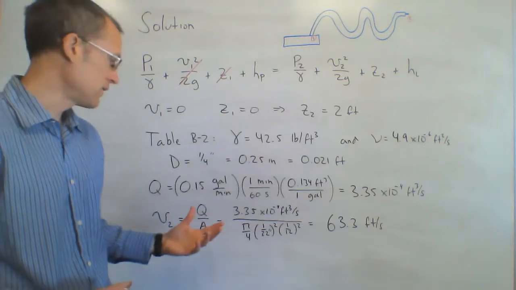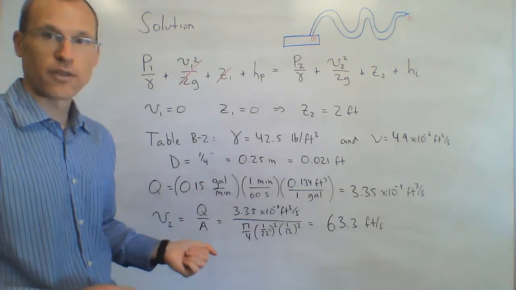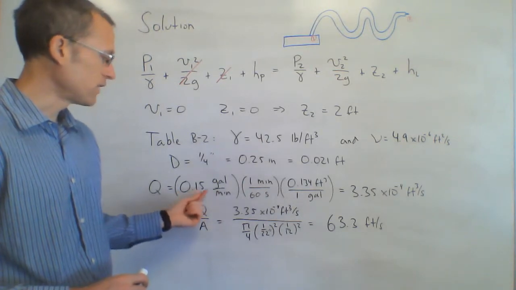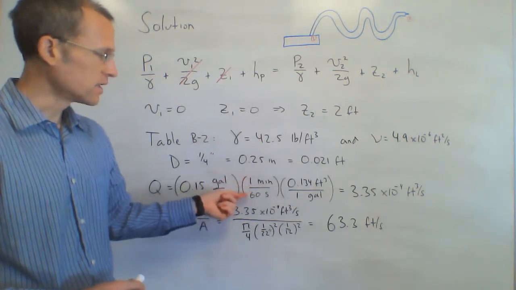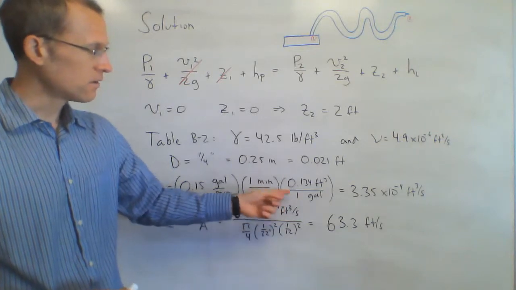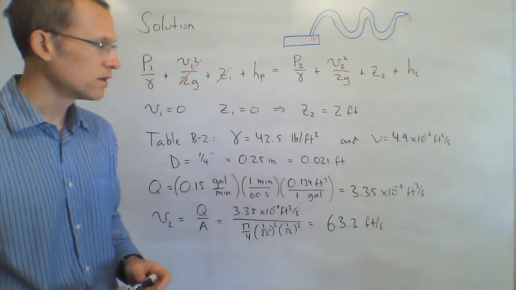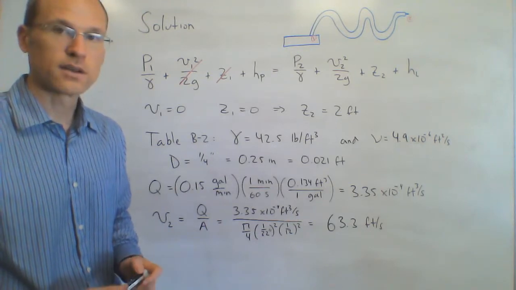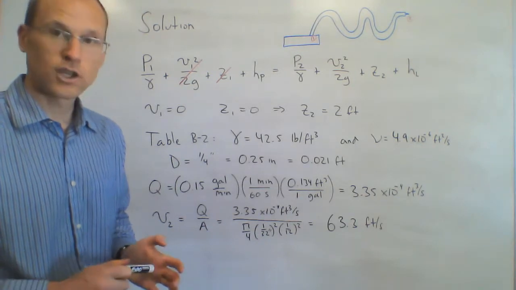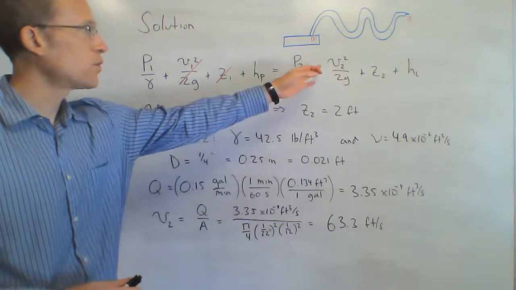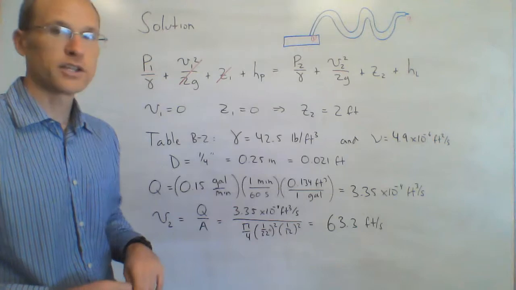My flow rate is given in gallons per minute. I don't necessarily want that. I want cubic feet per second. So convert that, 0.15 gallons per minute, 1 minute, 60 seconds. In 1 gallon, there's 0.134 cubic feet. So doing that gives me a flow rate of 3.35 times 10 to the negative 4 cubic feet per second. Then I also want to know V2, what's the velocity coming out of my jet.